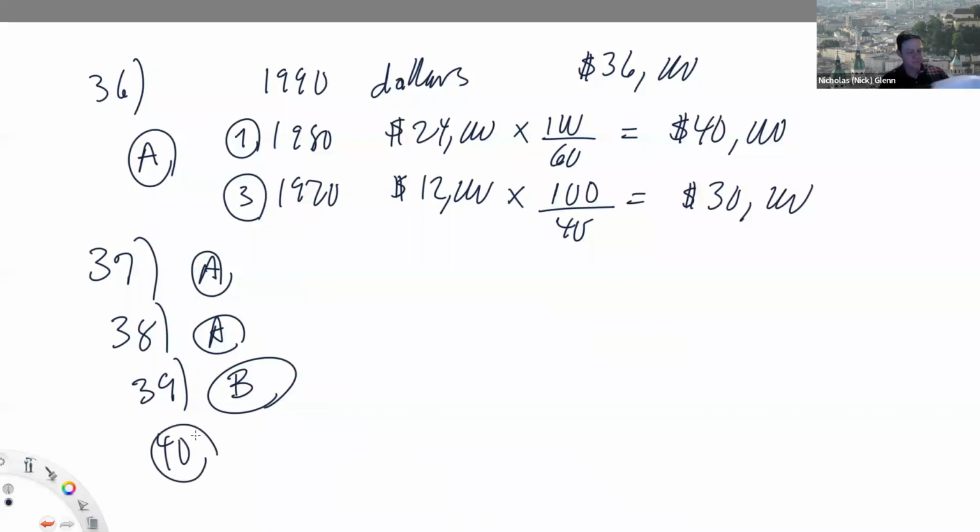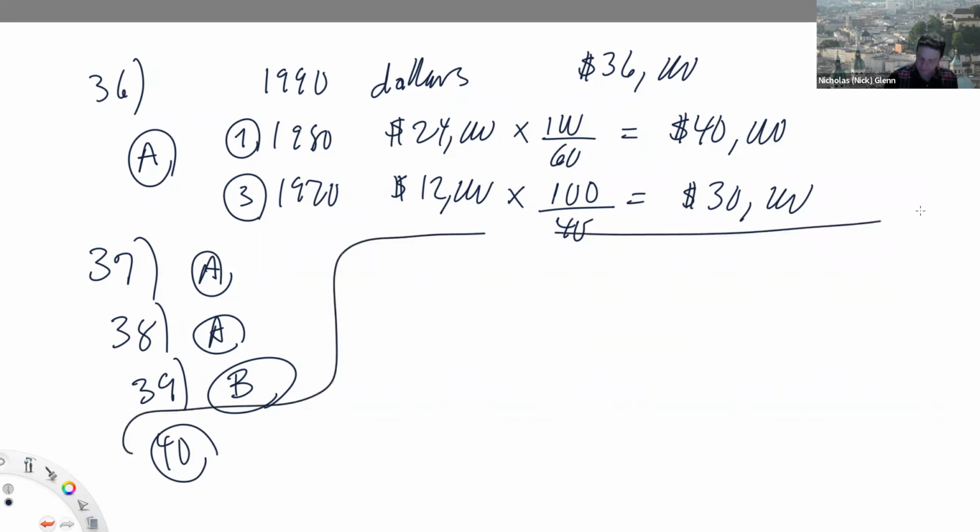All right. On to 40. In the economy of Martinville in 2010, consumption was 60% of GDP. So let's do this problem here. C was 0.6 of GDP. Government purchases were $212, so G was 212. Imports were 67.